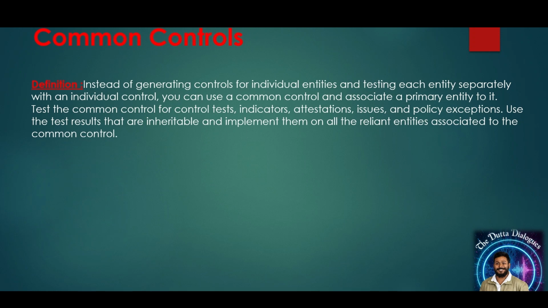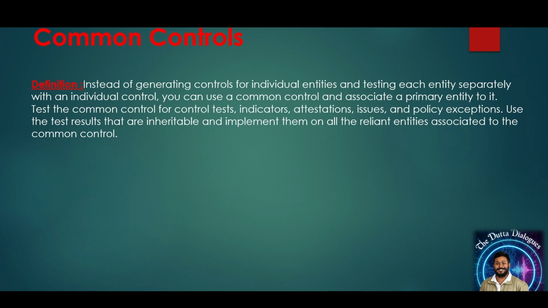Today we are going to learn about common controls, which is the most important topic, and it helps you to reduce time and effort and clumsiness of actually testing the different controls, taking up attestation for each and every control. So, by definition, let's try to understand what exactly a common control means.